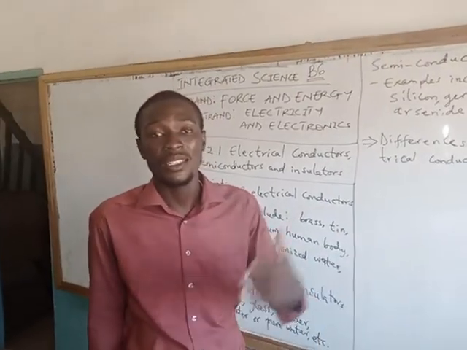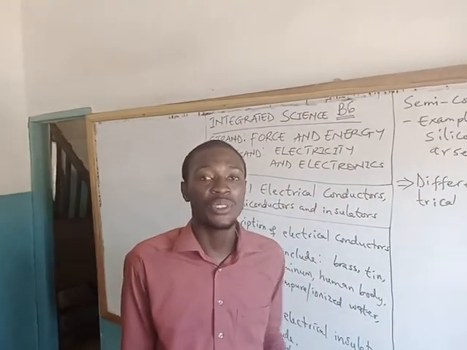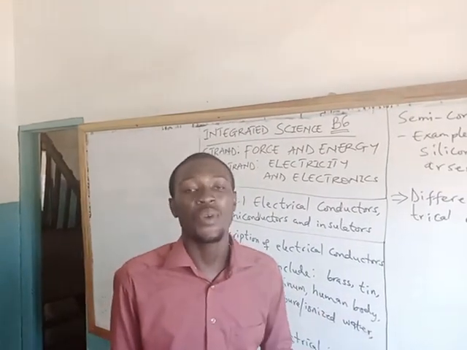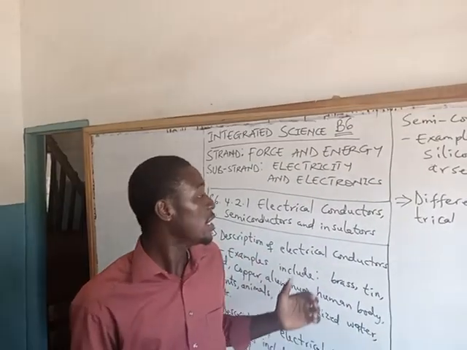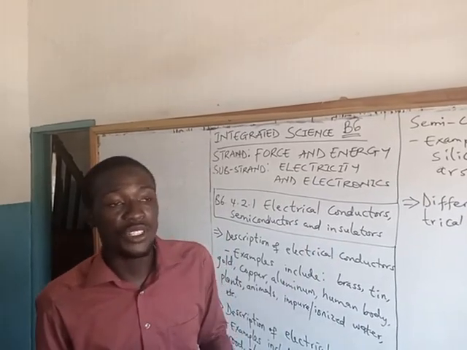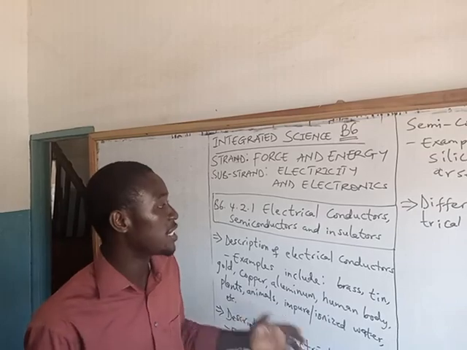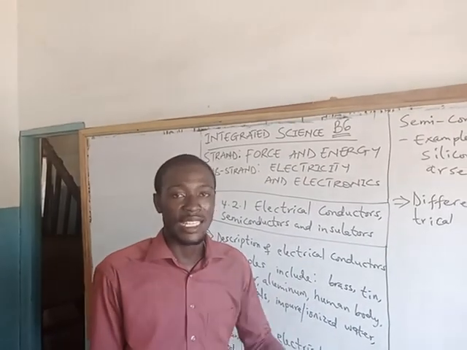We learned about bulbs, diodes, resistors, capacitors, inductors, electric wires, and the like. But it was kind of unfortunate we couldn't finish up, and we want to proceed and finish up before we take the next sub-strand.